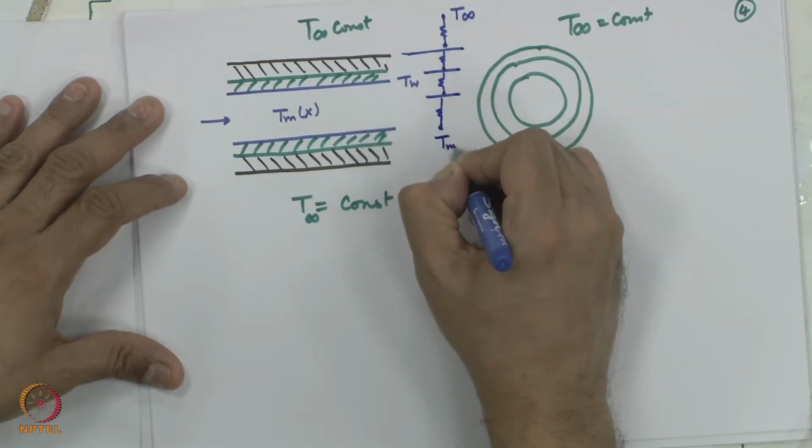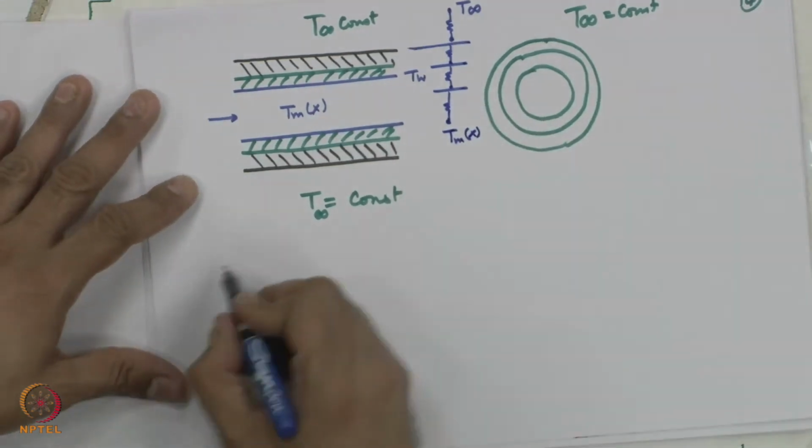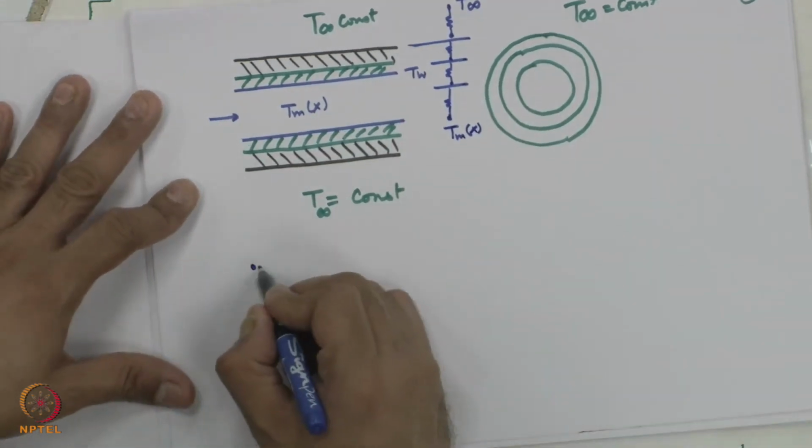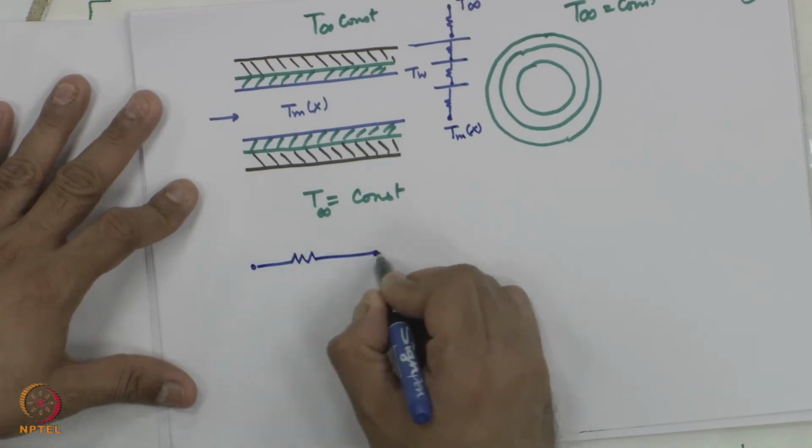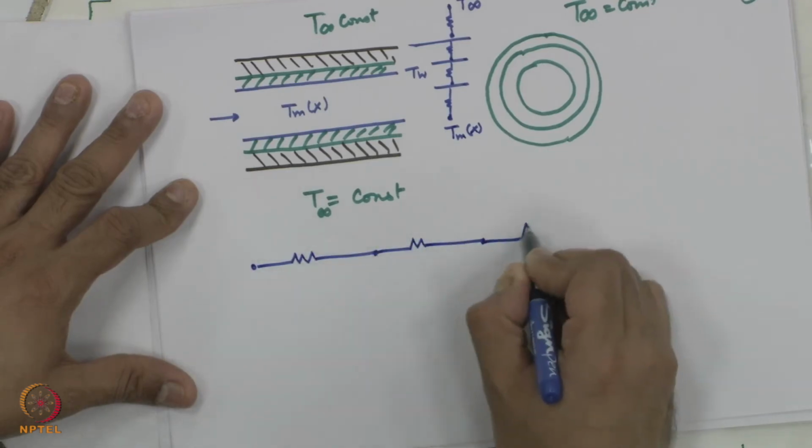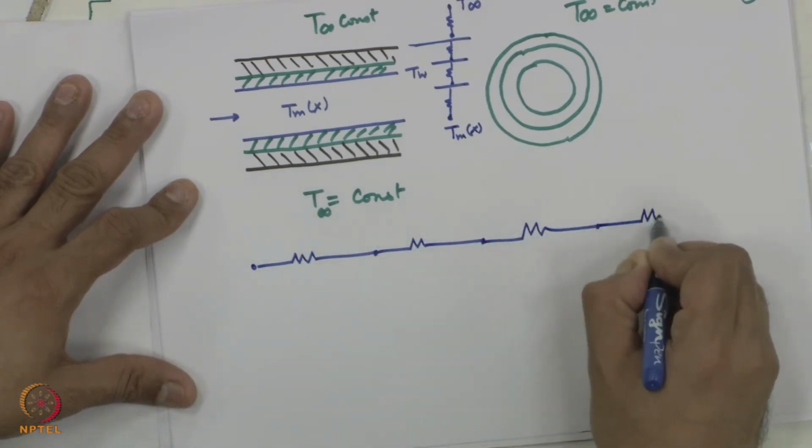This is T mean local. So, I will draw the resistances this way, it is easier. 1, 2, 3, 4.